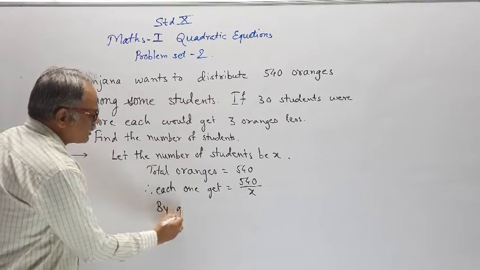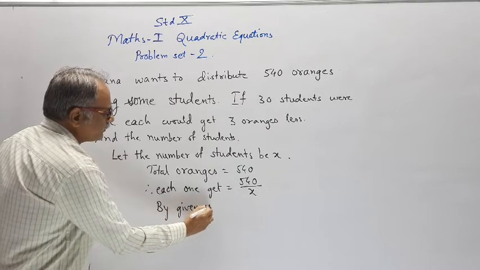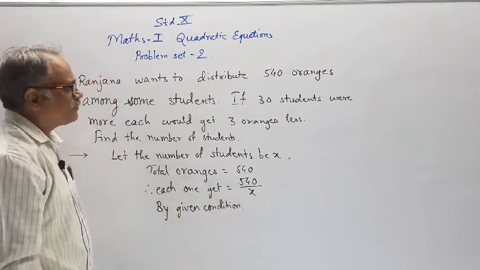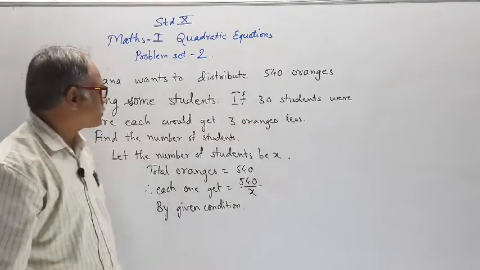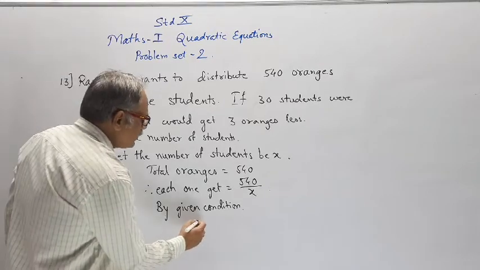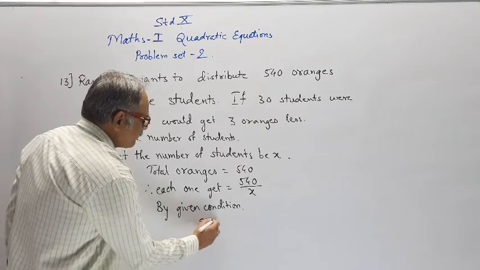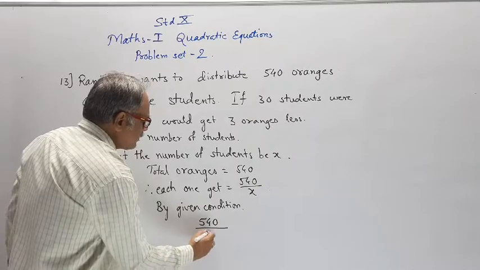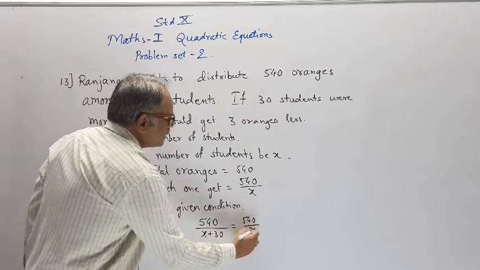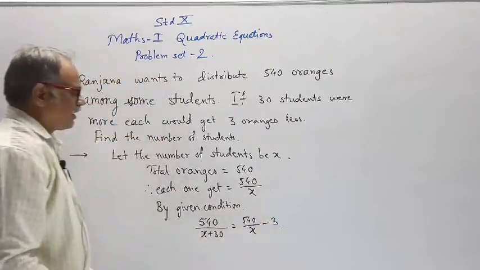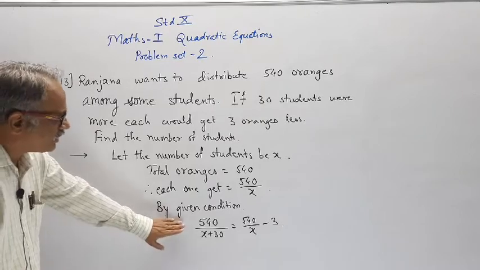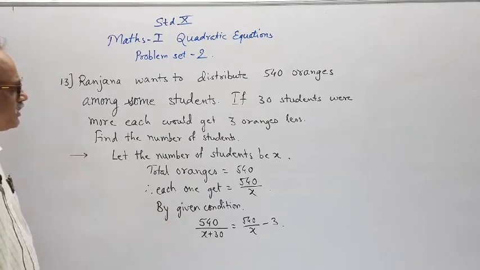By the given condition, if instead of x, 30 more students, x plus 30, then each one would get 540 upon x plus 30, and that is 540 upon x minus 3. See, this is the equation.